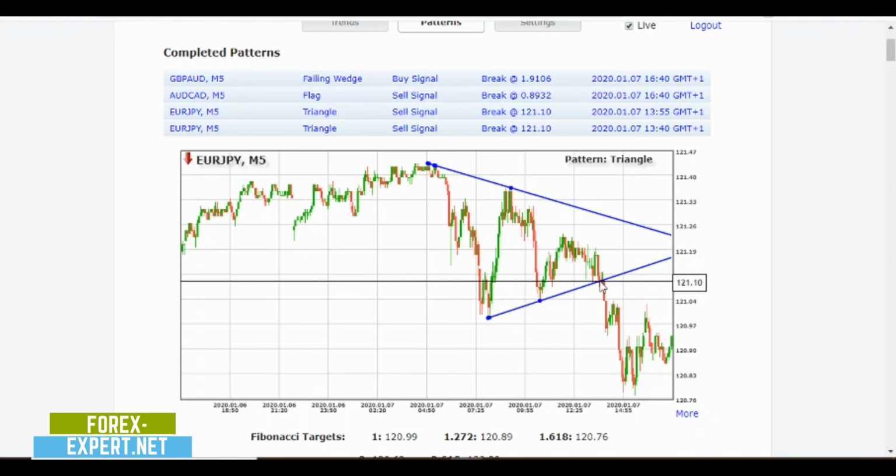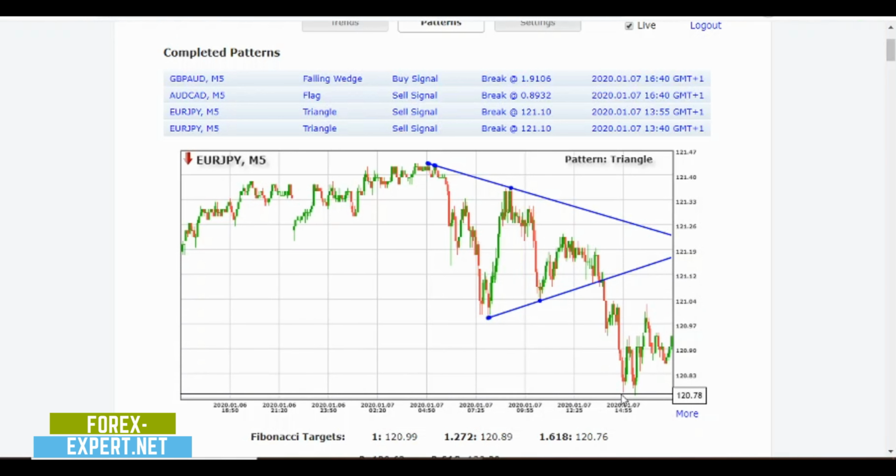So the breakout at 2110, then price was a little bit hesitant here on the trend line, and it started to fall down at 2078. So we are like 32 pips profit.